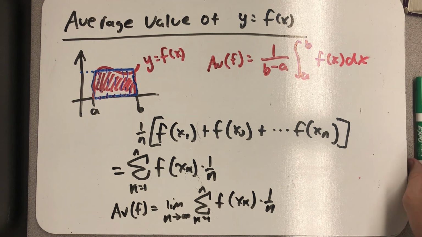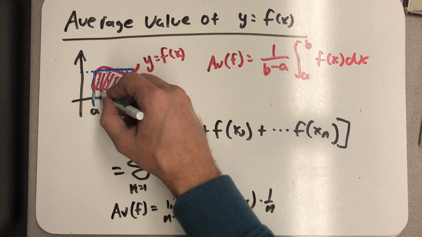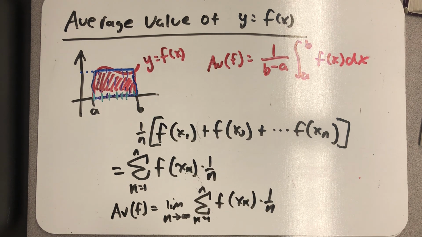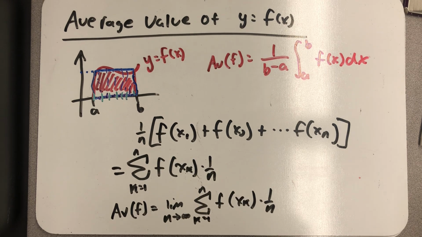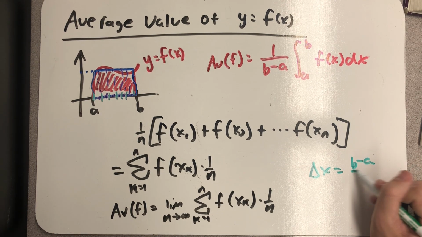So if I thought about, instead of just taking sample points, first dividing up the x-axis into subintervals of equal width, and then letting these sample points come from those subintervals, then I would have delta x equals b minus a over n.